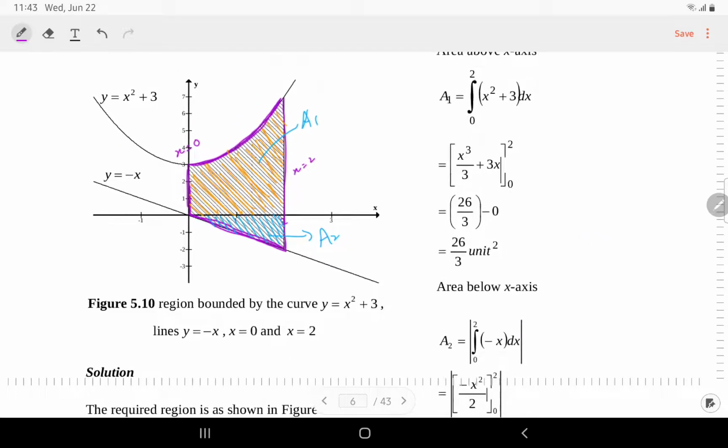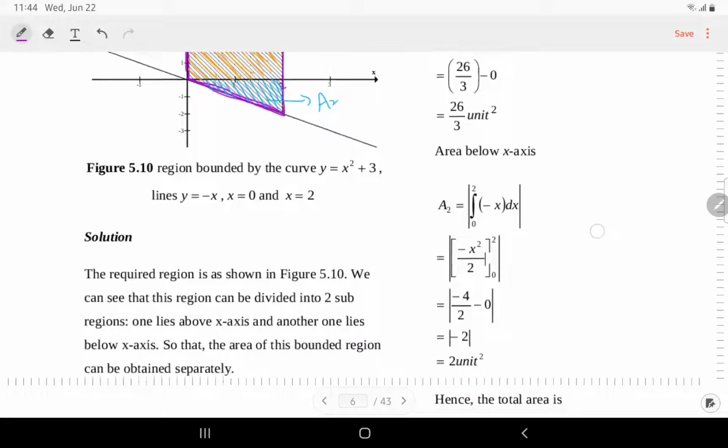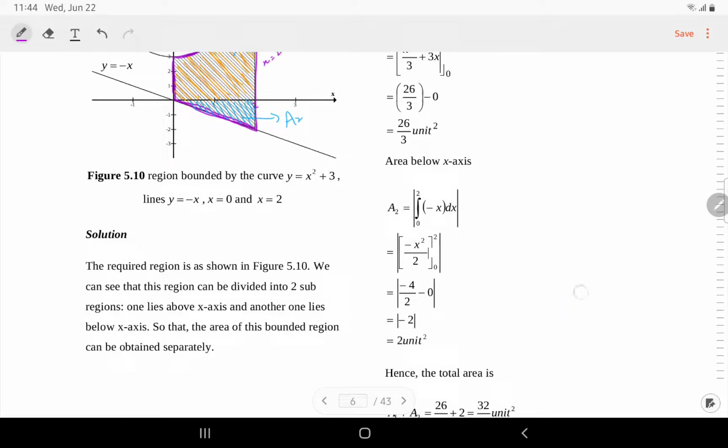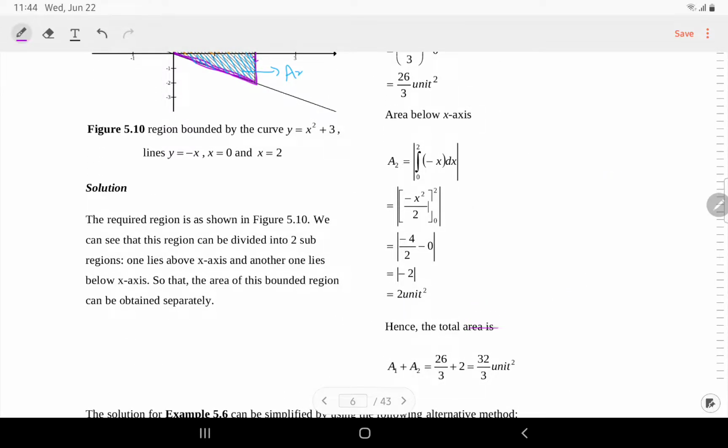So you all boleh nampak function dia berlainan lah, ni dengan yang ni. Okay, so function dia negative x. Integrate from 0 to 2. Kena letak absolute value sebab dia below x-axis. So the answer is 2 units. And then kita total up lah. Okay, 26 over 3 plus 2. So this is the final answer.